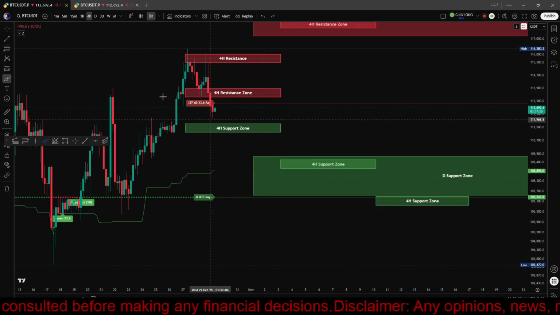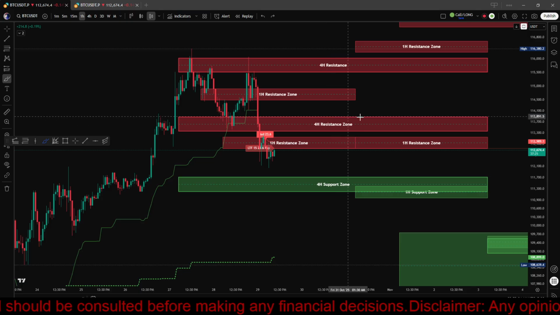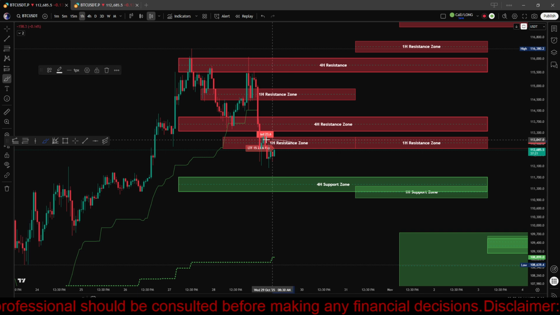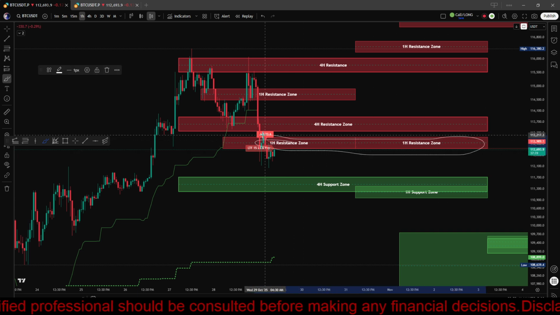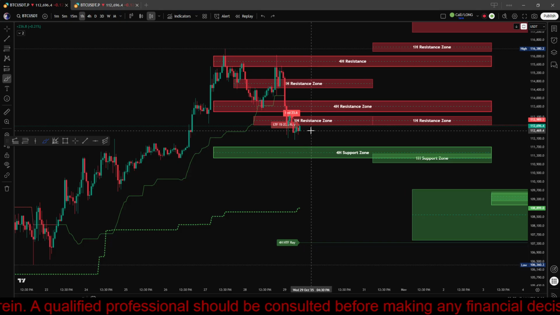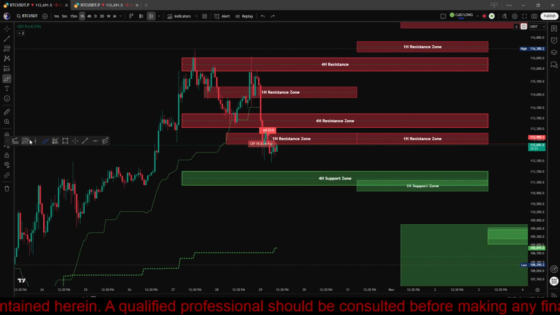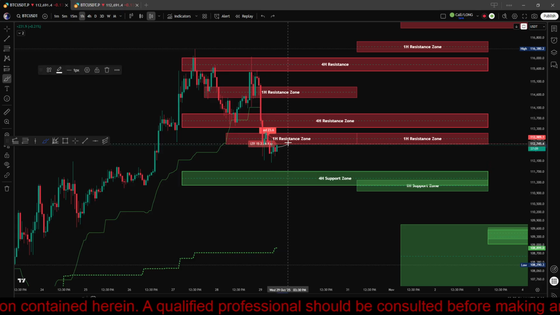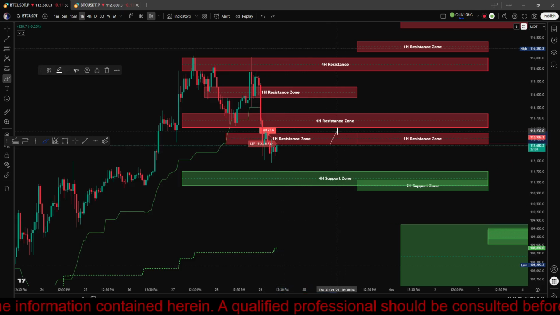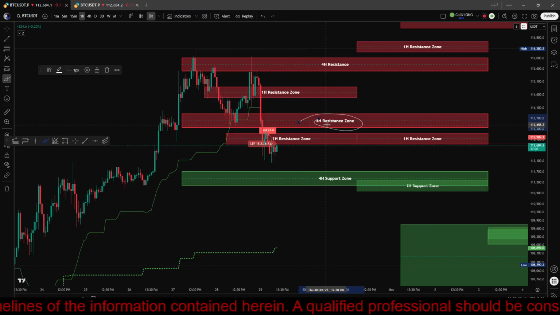Ideally it's supposed to go here, because first of all the 4-hour support, which used to be this zone, is broken, and then the 1-hour time frame support is also broken. So the only chance the price has right now, in the 1-hour time frame, is to attempt to break this zone, and it may successfully break it, but we have the resistance here.